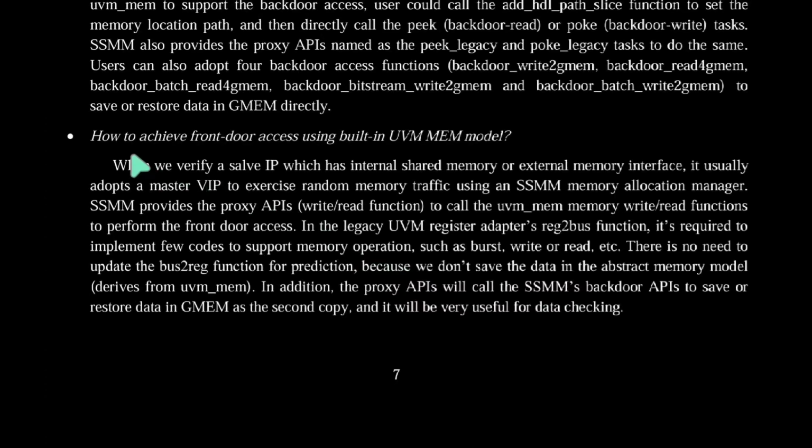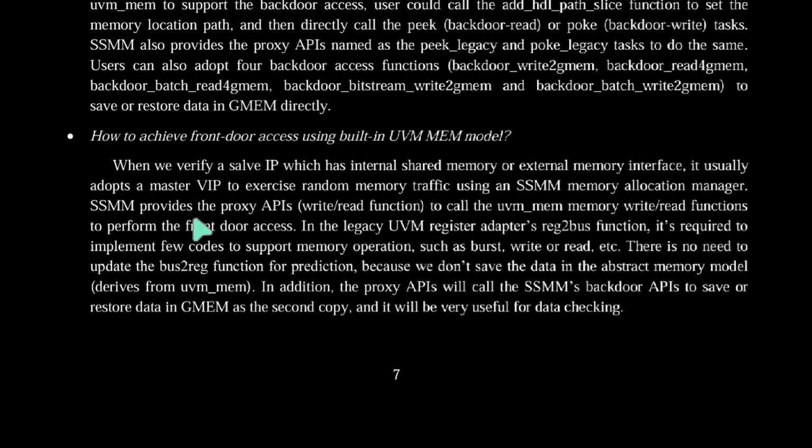So how to achieve front door access using the built-in UVM_MEM model? When we verify a slave IP, which has an internal shared memory and an external memory interface, we usually adopt a master VIP to exercise random memory traffic using an SSMM memory allocation manager.